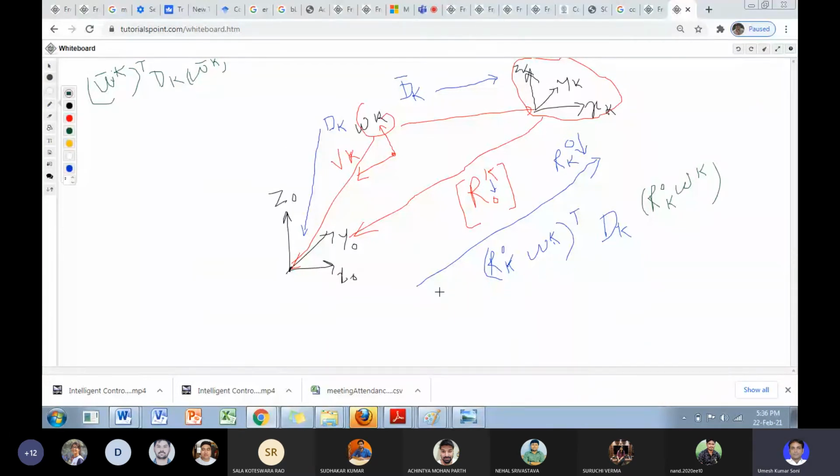So this is the representation, divided by 2.